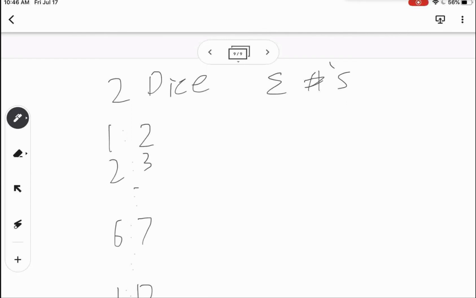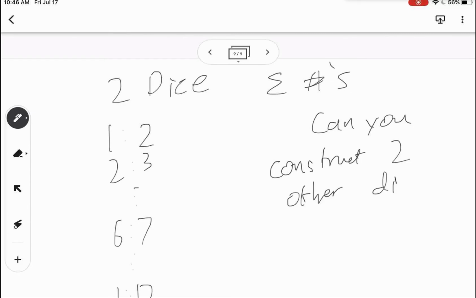So the question asks, can you construct two other dice, which may not be equal, such that when you roll the two dice and add them together, you get the same thing as this, right?